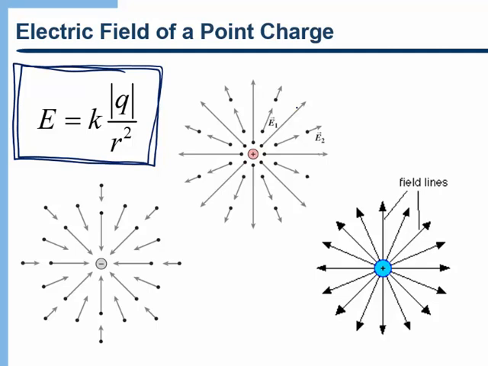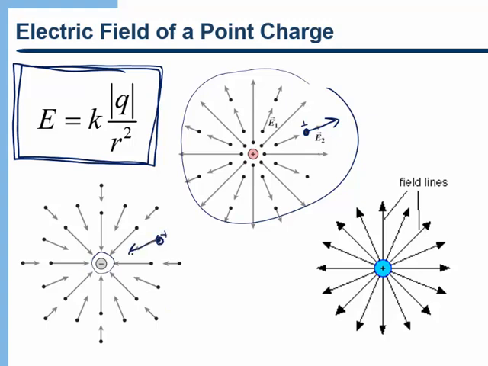Also notice that because by definition we defined the direction of the electric field to be the direction of the force on a positive test charge, that means that the electric field points away from positive charges, because if I put a positive test charge right here, it would be repelled. You'll also notice that the electric field created by a negative charge goes towards the charge, because if I put a little positive test charge here, it would be attracted to the negative charge.